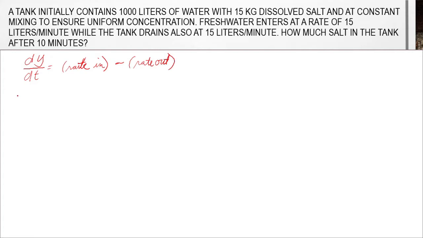Also, given in the condition is that at time 0, y is equal to 15 kilograms of dissolved salt. So we need to find the function of y with the time t, and afterwards, we have to find y at 10 minutes.